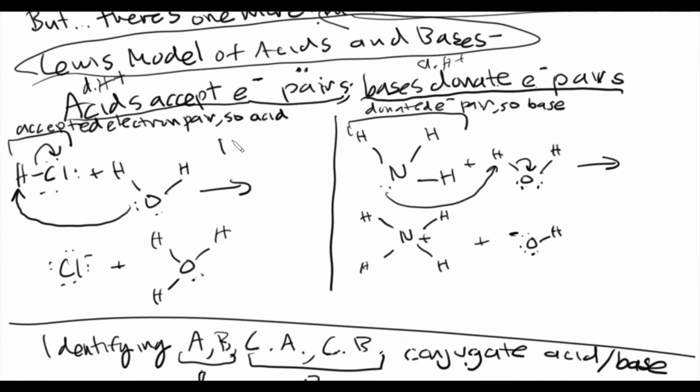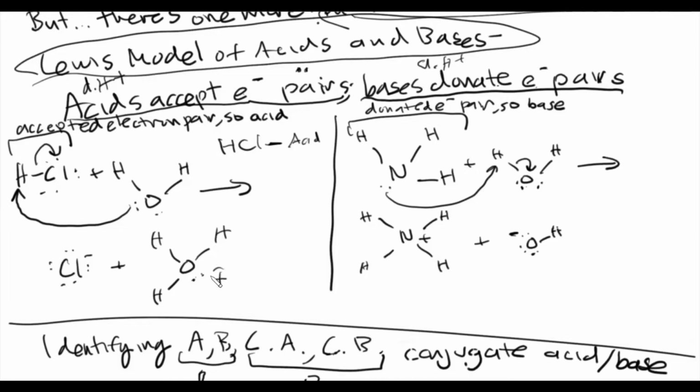Let's take a look at HCl being a Lewis acid. So we know this is an acid, but how does this electron stuff work? Well, to have it work, we have to draw all the Lewis structures for HCl and water, which is the thing that it's going to react with to form the hydronium ion.